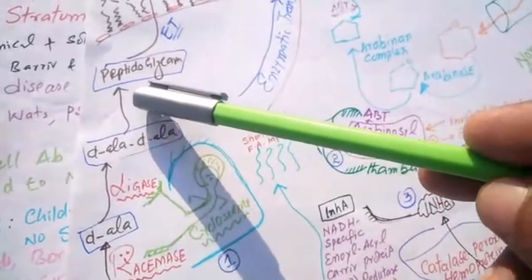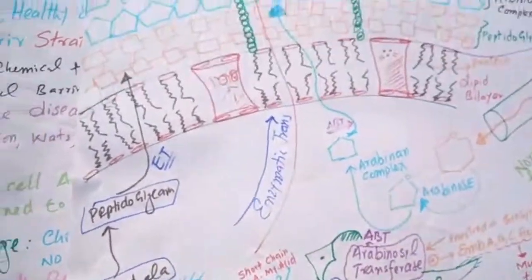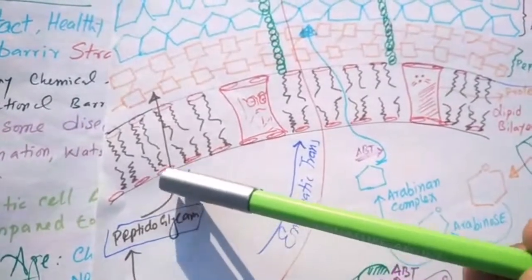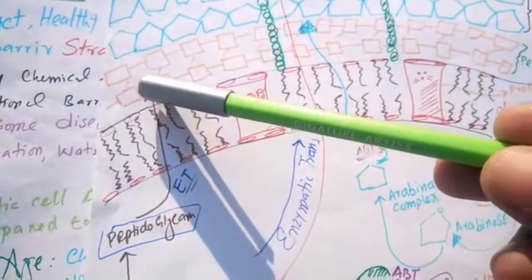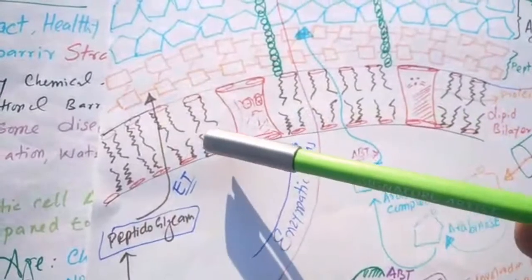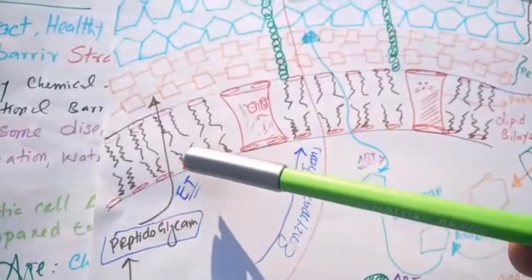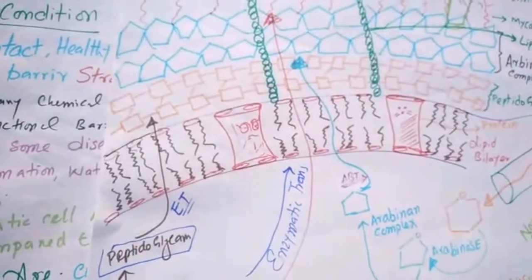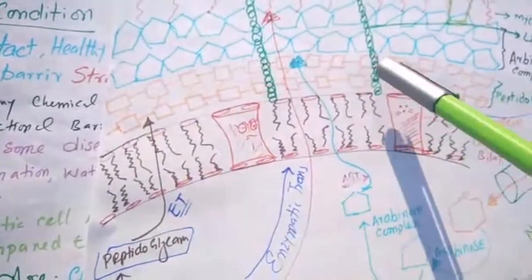This is then converted into peptidoglycan, and this fragment is transported outside the lipid bilayer through an enzymatic transport mechanism, forming this peptidoglycan layer.